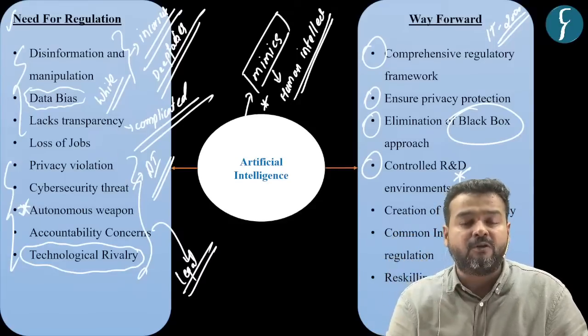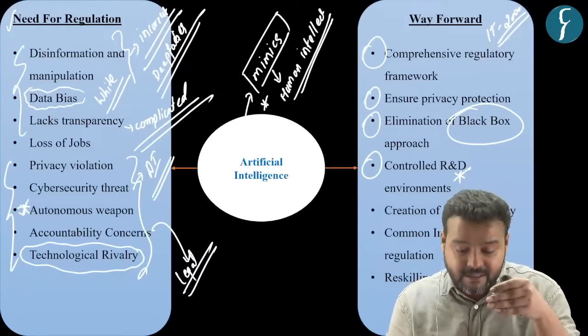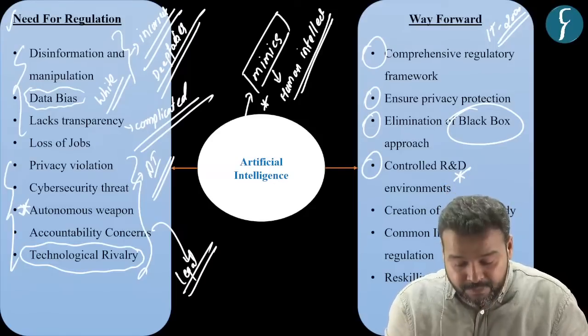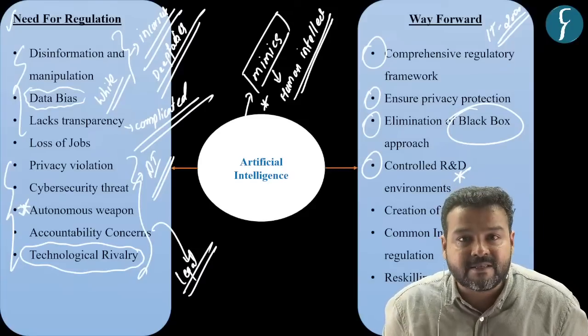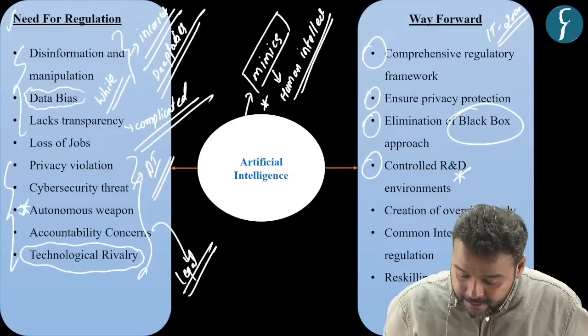They can judge what are the spheres where this AI technology can be used or misused. So they should be provided controlled R&D facilities where they can check the limits of such applications.